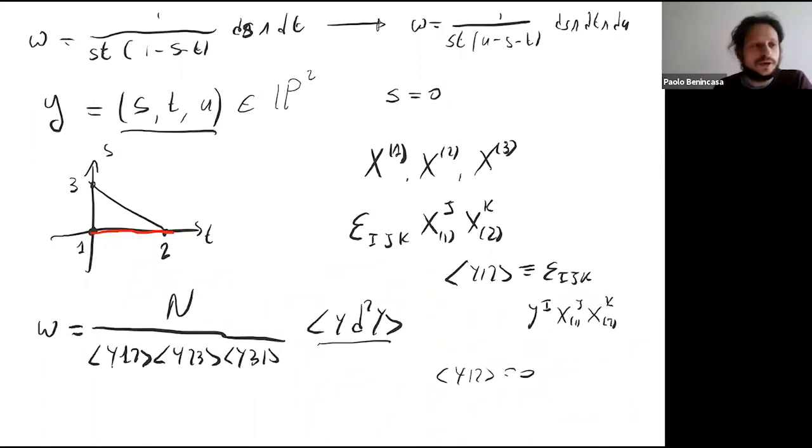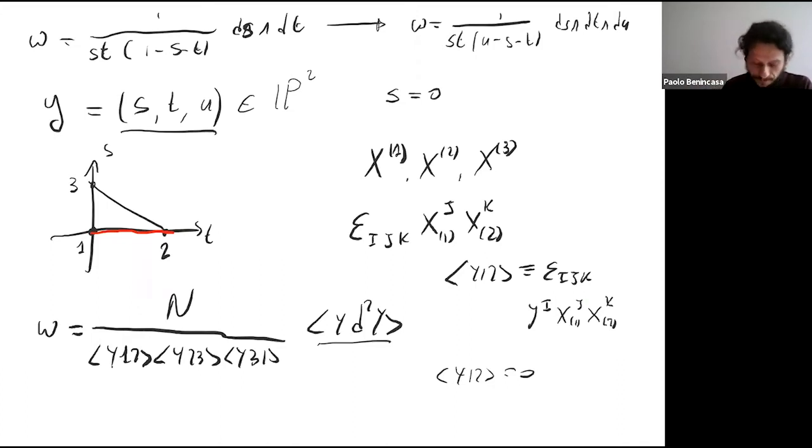In order to fix the numerator, we are in projective space, so all the vectors which differ by a rescaling are equivalent to each other, which means that you want your differential form to be unique, that is invariant if you rescale any of the vectors. So the numerator should be such that this property is satisfied.